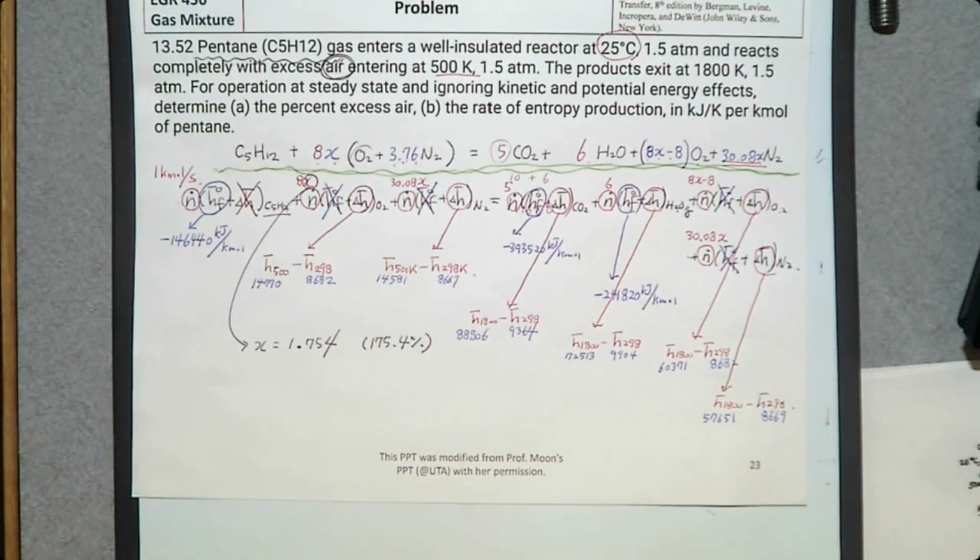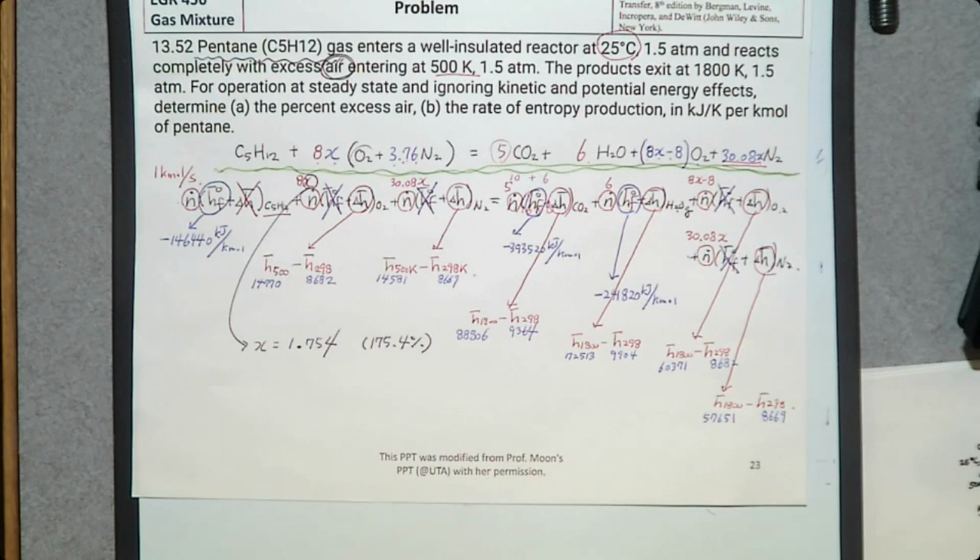Of course, in your first exam, I will do my best to minimize the number of components in the equation. For example, maybe I can say we have 100% theoretical air. Then you can neglect oxygen in the product. What if I say there is only oxygen, there's no nitrogen?